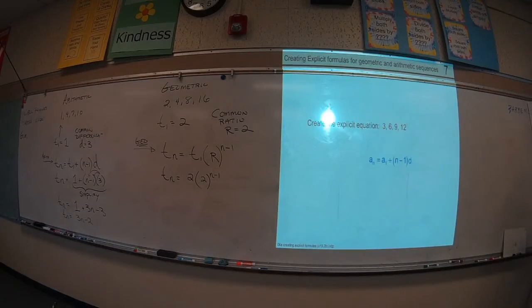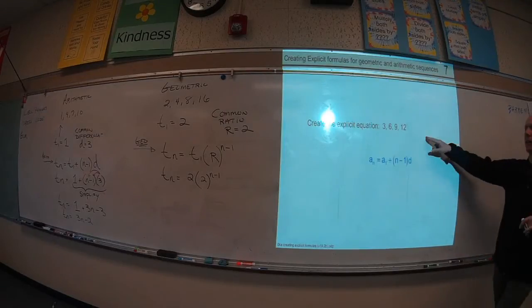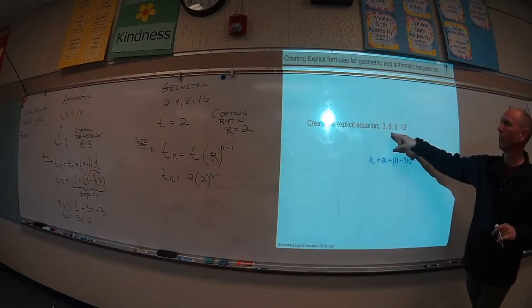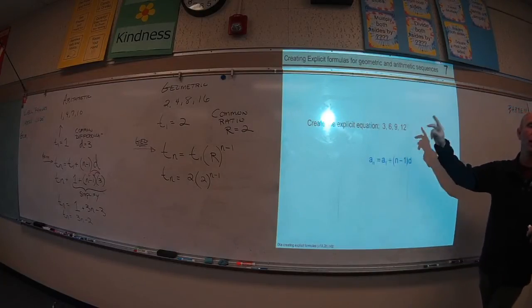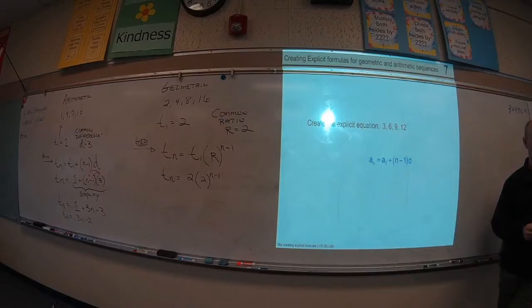One, listen to these instructions. Two, using this sequence, I want one number on your whiteboard. What is the value of the first term? Good, good, good. Value of the first term.